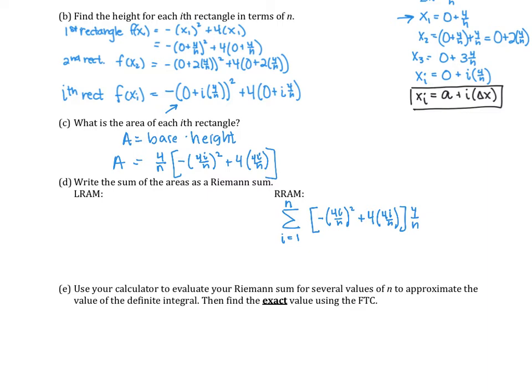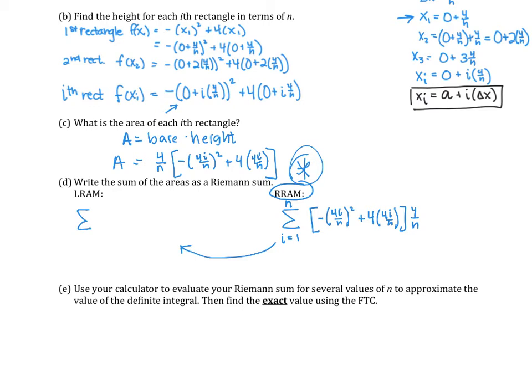Now, this is of my right-hand rectangles. And the reason it's of my right-hand rectangles is because the height that we took starts when i is 1, not when i is 0, which would be my left rectangles. So this is the one we're going to use primarily, but we could go backwards and get the left-hand rectangles.